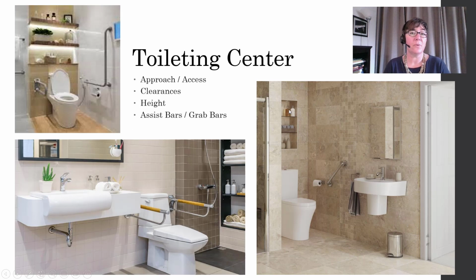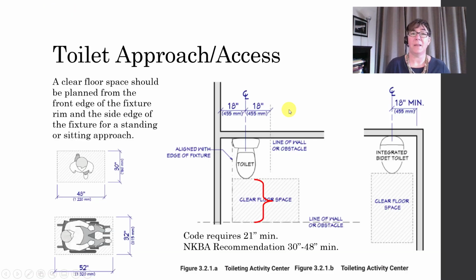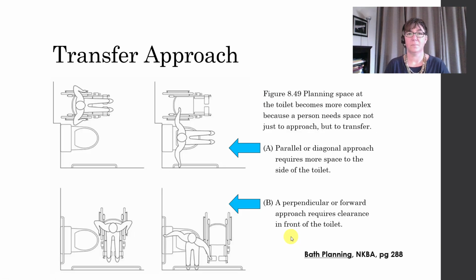Next, let's go into more detail about the toileting center. As with all appliances and fixtures, you need to provide a way to approach the toilet and clear floor space in order to access that toilet. You'll want to work closely with your user and find out their specific mobility needs, because there are several different ways that people with disabilities approach a toilet.